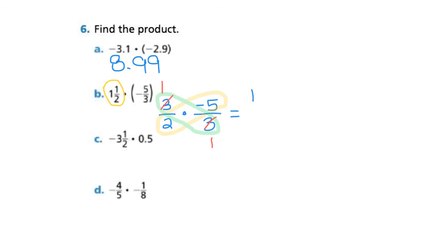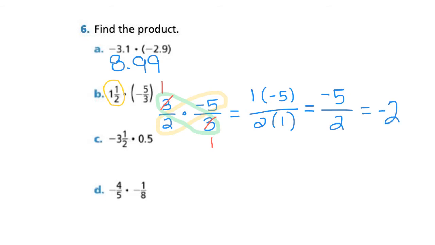And I have 1 times negative 5 as my numerator and 2 times 1 as my denominator. When I do my math, 1 times negative 5 is negative 5 over 2 times 1 is 2. I now have the improper fraction negative 5 over 2. When I turn that into a mixed number by dividing it, I get negative 2 and 1/2.